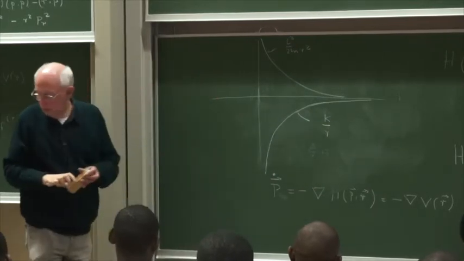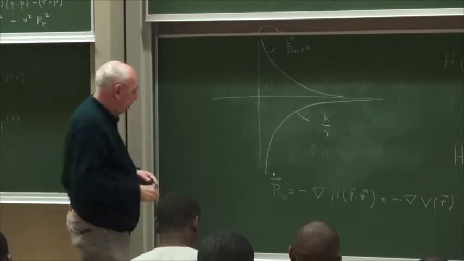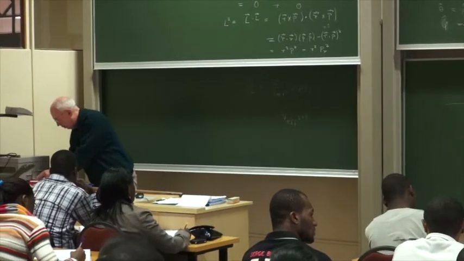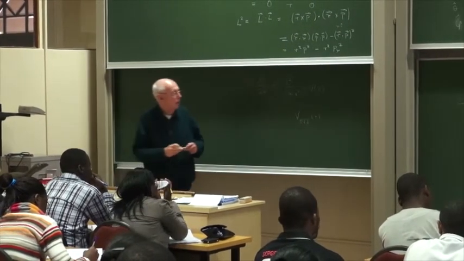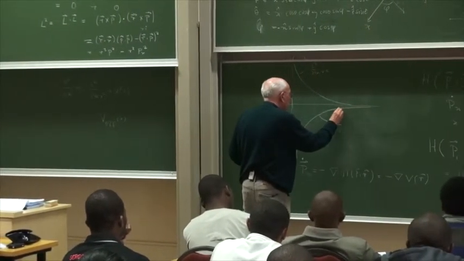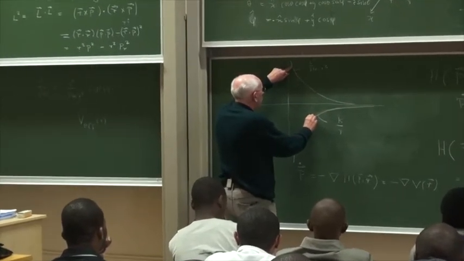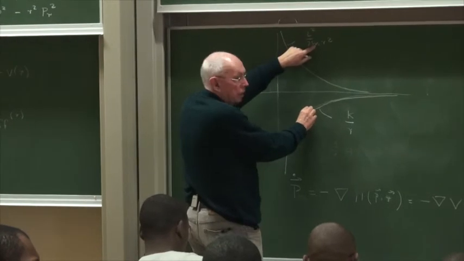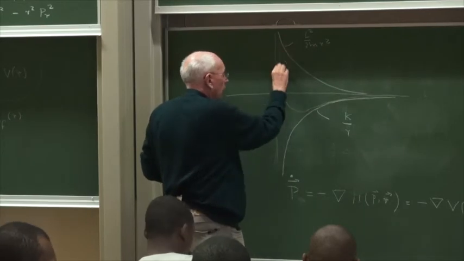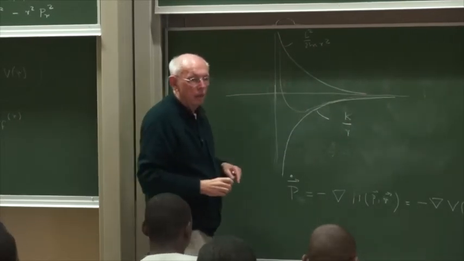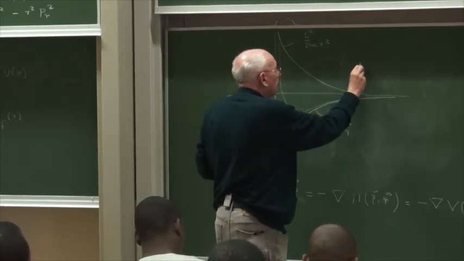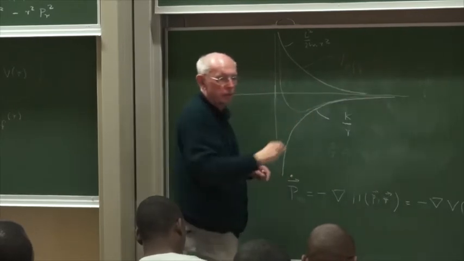And the problem which I need to solve is the combined problem of these two. And that looks like this. At first this wins, and this is negative. And for very small values of R, this guy wins because it's 1 over R squared. And so it looks like this. Okay? So this now is V effective, the function of R. It looks like this.